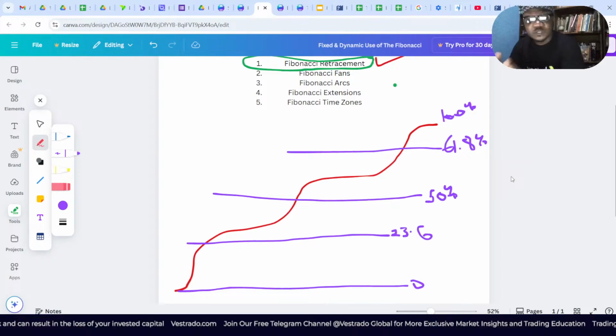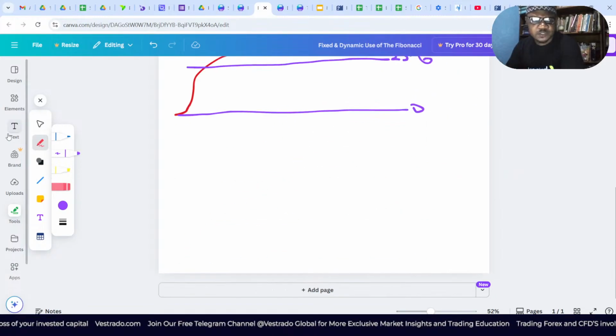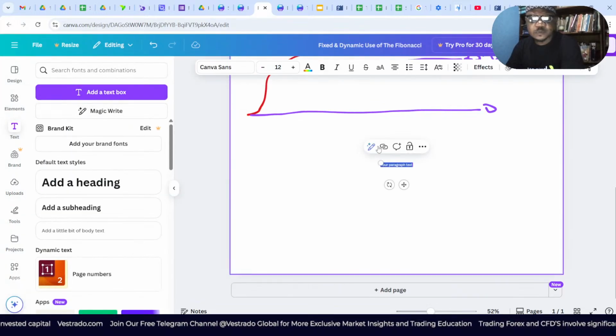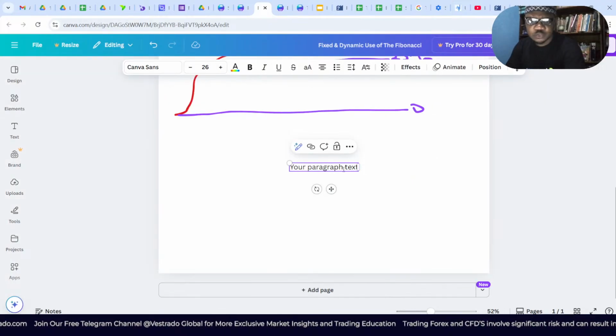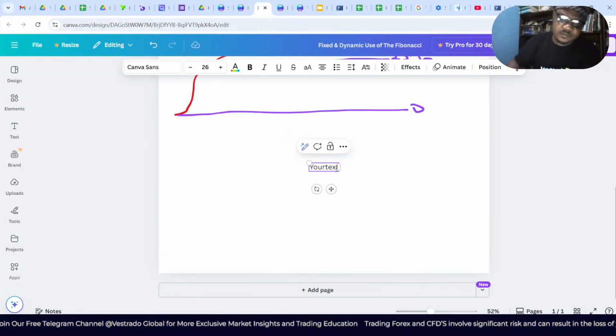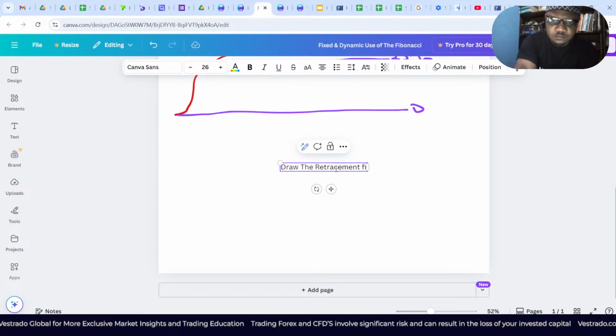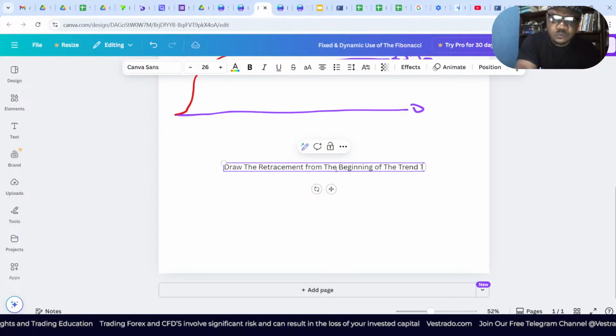So what has been the bone of contention with the Fibonacci retracement? How do we draw the Fibonacci retracement? The typical way to draw it, according to literature and according to the common way, is this. It draws retracement from the beginning of the trend to the end of the trend.